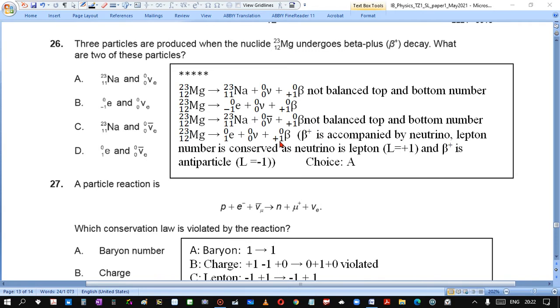So if we have lepton particle, we should have antiparticle. Because positron is antiparticle, we choose neutrino, not antineutrino. So choice A.